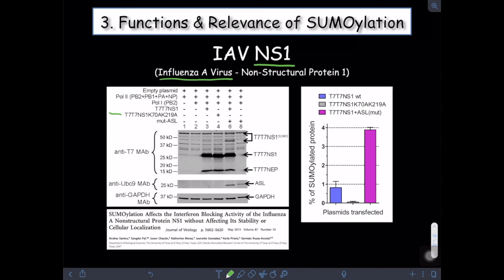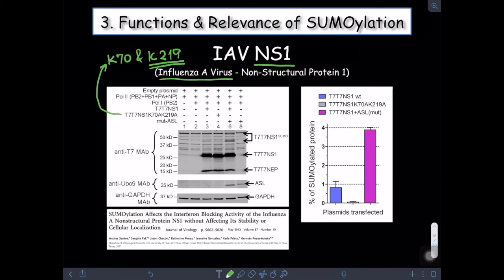Those lysine residues were mapped to be lysine 70 and lysine 219 in NS1, with lysine 219 being the main target of SUMOylation in NS1 and lysine 70 being only a secondary SUMOylation site.